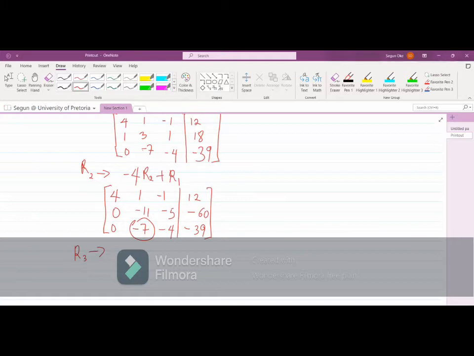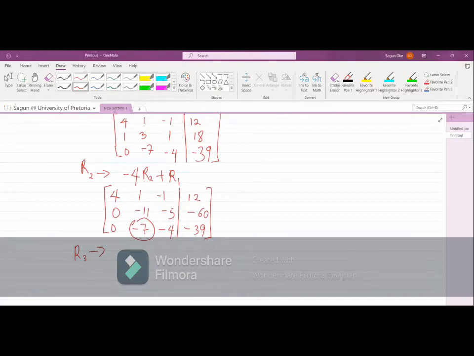Plus R2, there is nothing. 7 cannot make R3 to be 0. R3 will be R3 plus 7 over 11 R2, sir. So it will give us 0, sir. So R3, yes, I will use 11 multiplied by R3 plus 7 multiplied by R2.